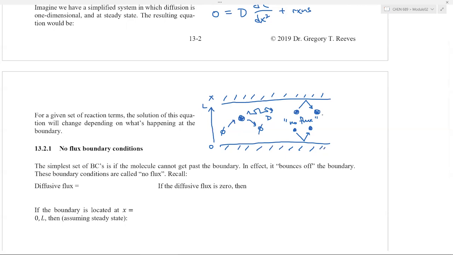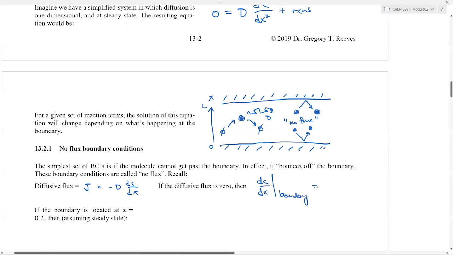Now to model that, recall that the diffusive flux, J, is equal to the negative of the diffusivity times dc dx. And if this diffusive flux is 0, that means dc dx evaluated at the boundary is equal to 0.